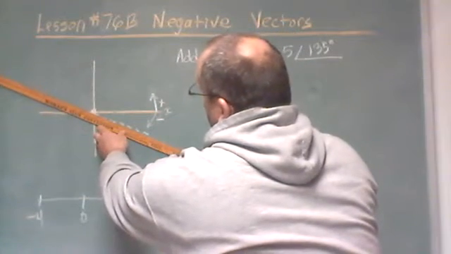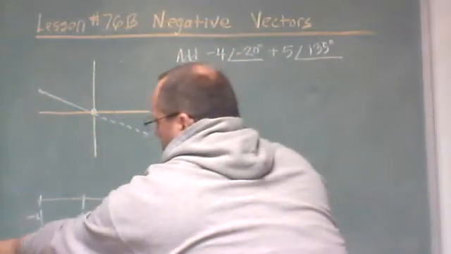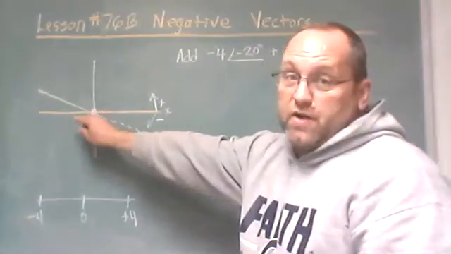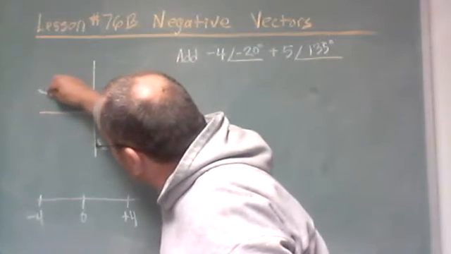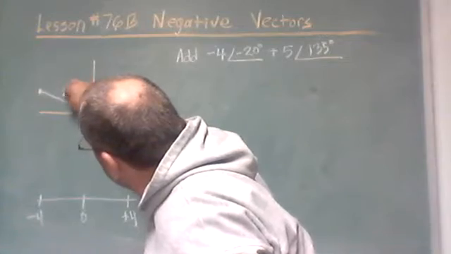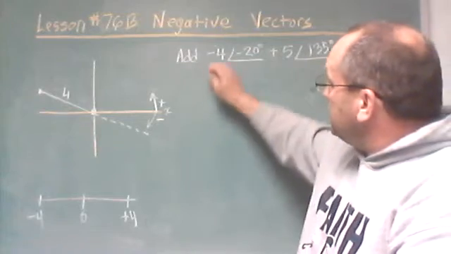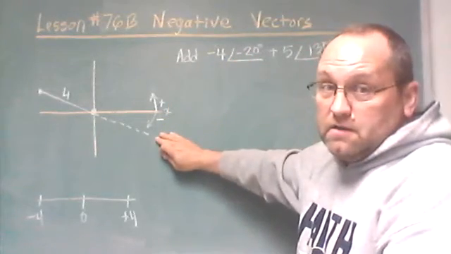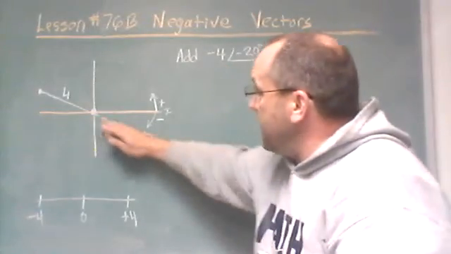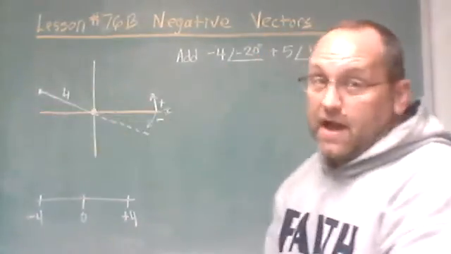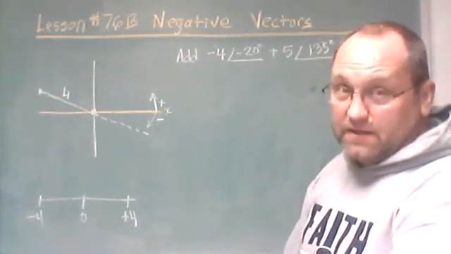That -4 will lie in the total opposite 180 degree direction, the same number of units, 4 units away from the origin. They reference the minus angle, but it's a minus distance along that line, so it's actually on the opposite side of the line they reference. I know that's a little confusing, but that's the way it is.